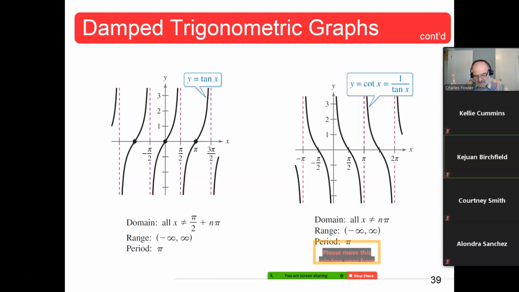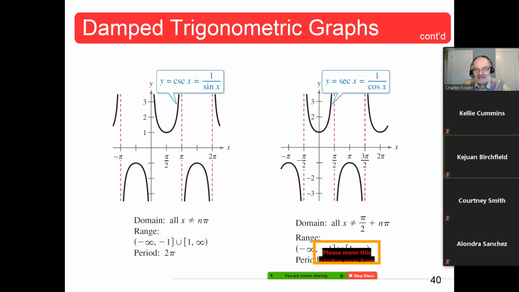Okay. Number 7, the range of y is equal to secant x. Now I forgot to point that out to you when we were there. What is the range of secant x? And cosecant x the same. There it is coming into view now. Negative infinity to -1, union that with 1 to positive infinity.